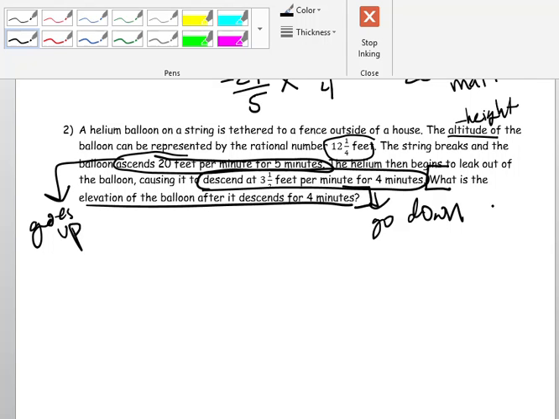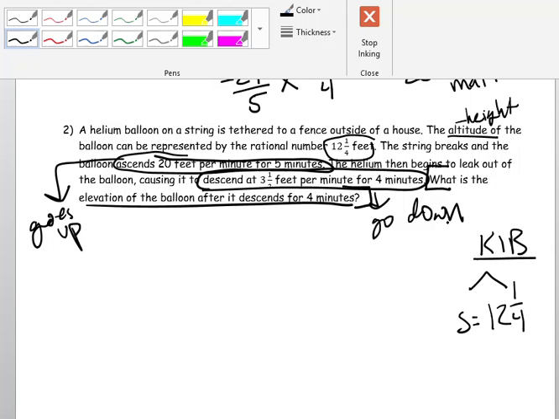Okay, so in my key information box, the first thing I'm going to remind myself is that I'm starting somewhere and then I go up and then I go down. Drawing that sort of helps me. So I'm going to start here, at 12 1/4 feet.